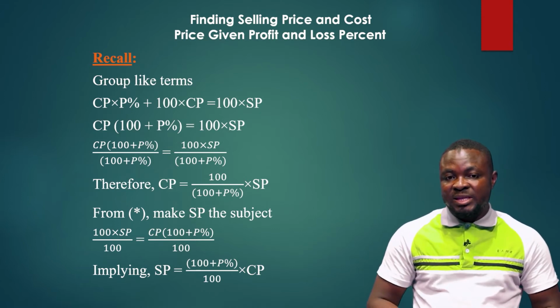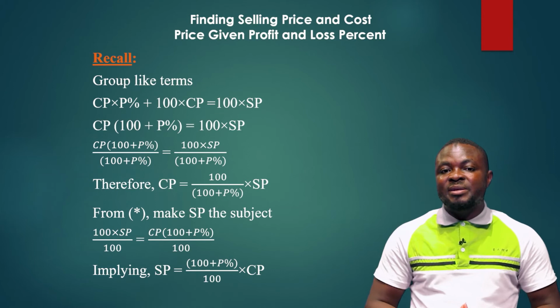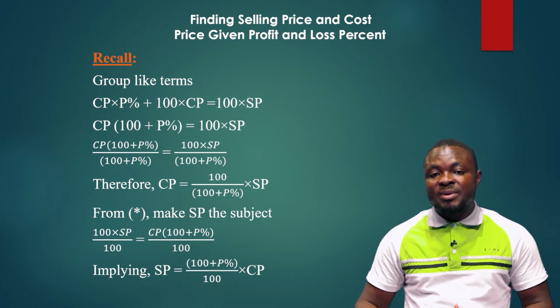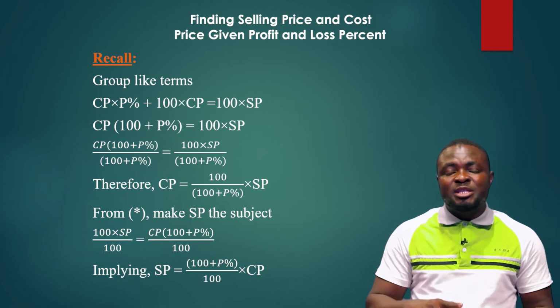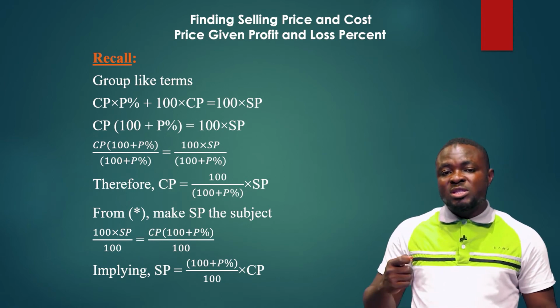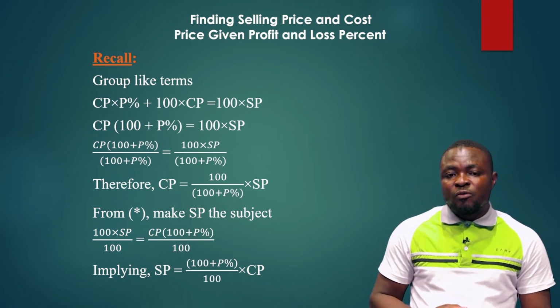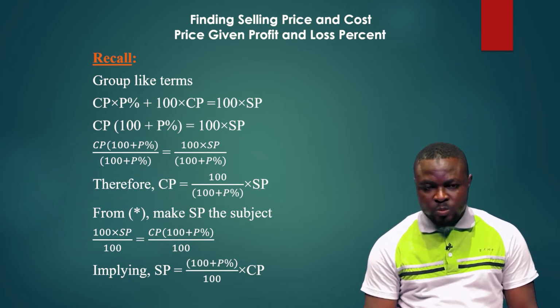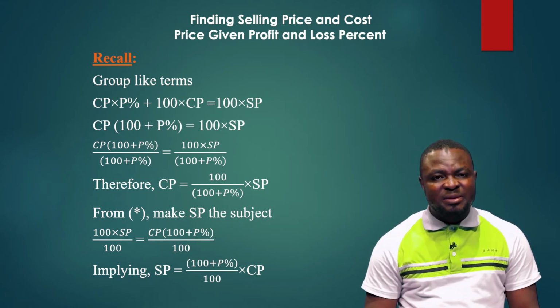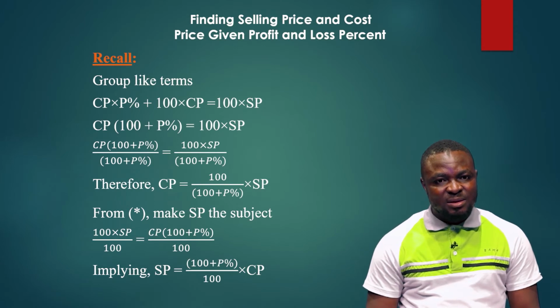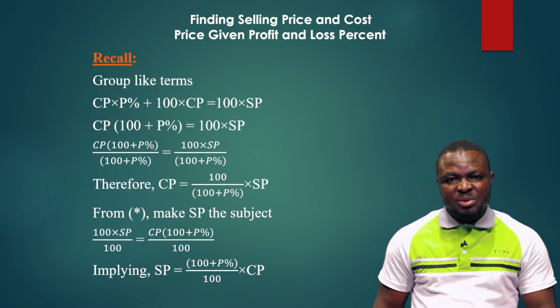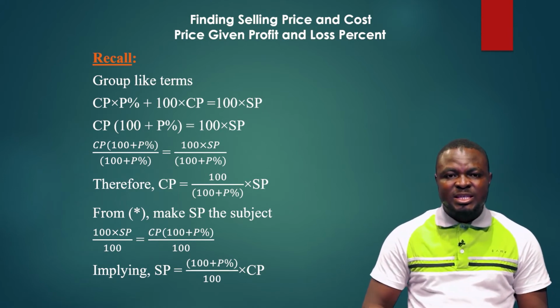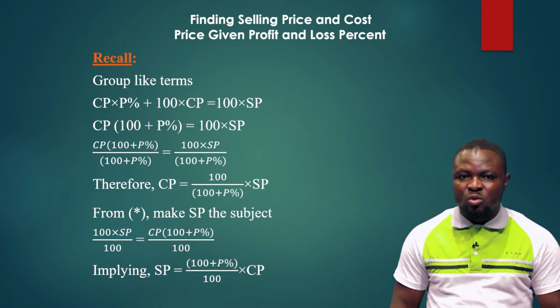The cost price function is 100 divided by 100 plus profit percent, multiplied by selling price. You can just reciprocate it. So your selling price formula should be equal to, this time, instead of 100 over 100 plus profit percent, the numerator will rather be 100 plus profit percent divided by 100 times cost price.